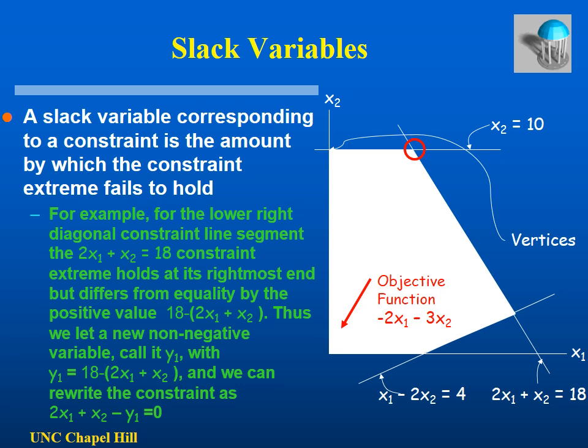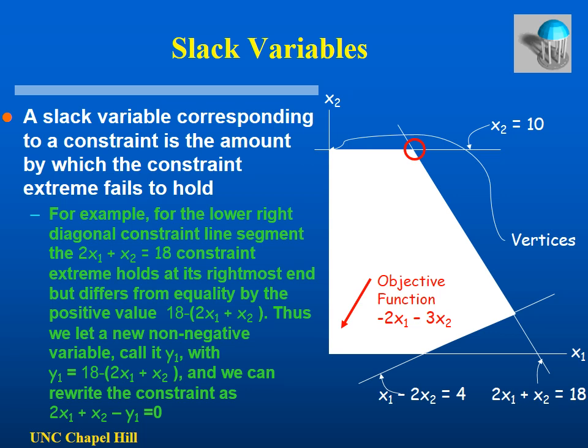And we will create a variable that's the difference between what the value is on the line, namely 0, if we take 18 minus (2x1 plus x2), and some lower but positive value. And we'll call this difference between the constraint at the extreme, which is now going to be 0, and what it is here, a new variable y sub 1, which we call a slack variable.